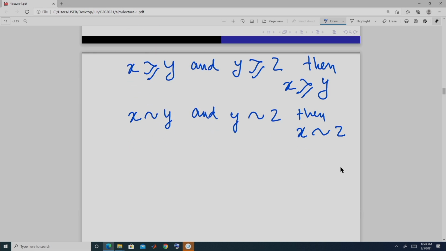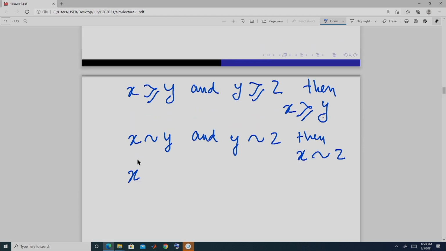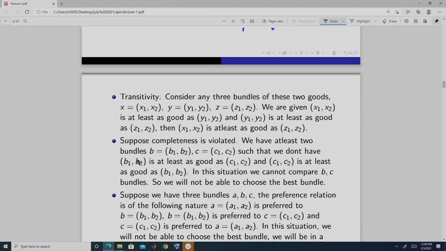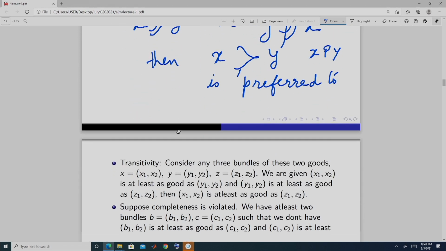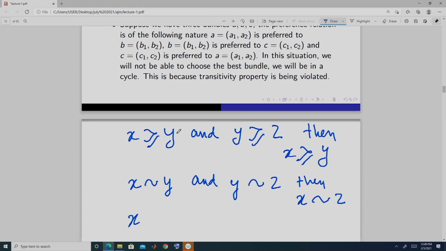If this indifference sign is complex, we can write it in this way also: x indifferent to y, or x I y. This is easier, right? So we will use that only.